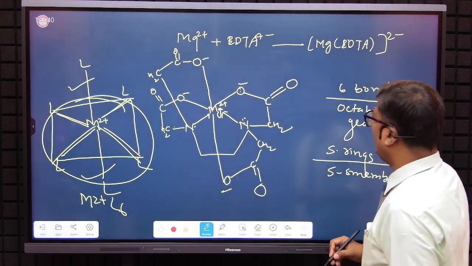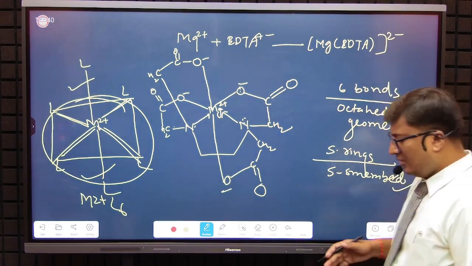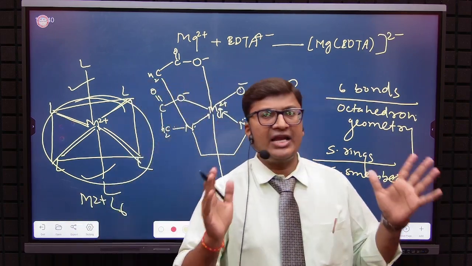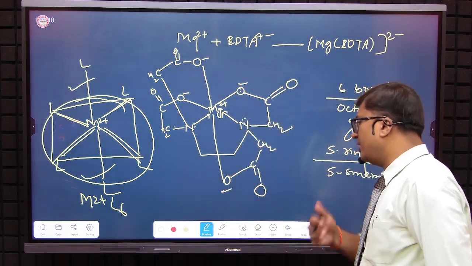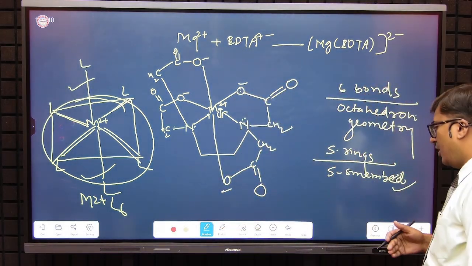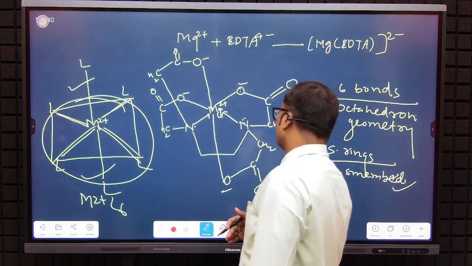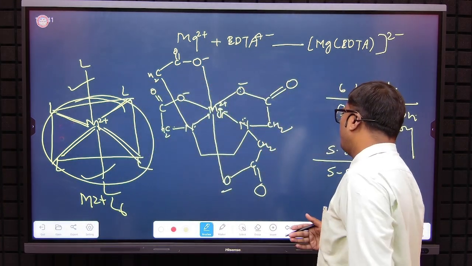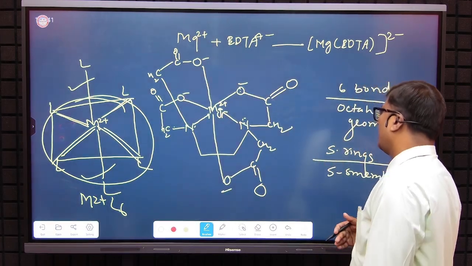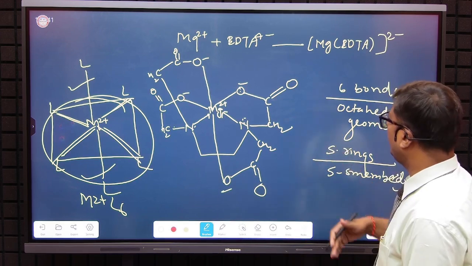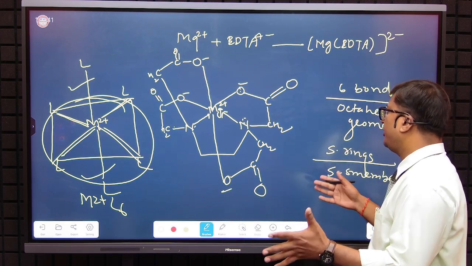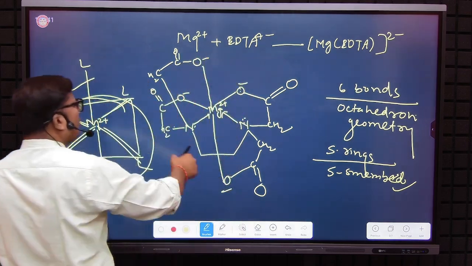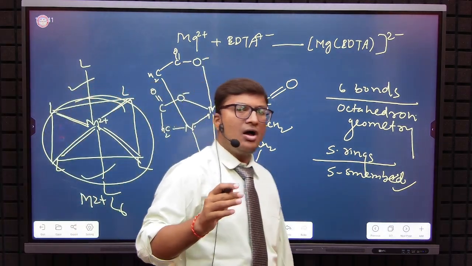And you know that if a particular complex contains a ring structure, then it is highly stable. Because of the high lattice energy, and you can simply say stability of the particular bond, and bond dissociation energy is very, very high, because we have to break down the ring structure, so such type of complexes are highly stable.